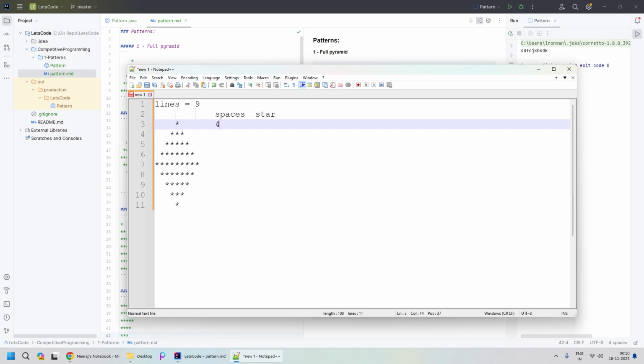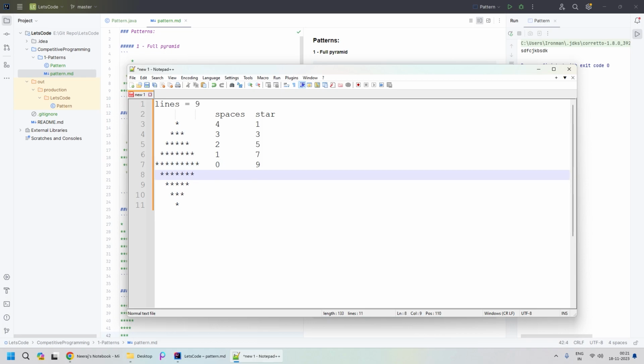Let's note it down, and one star, right? The next one we have three spaces, and then we have three stars. Then in the next line we have two spaces, and how many stars do we have? Five. And in the next one we have one space and I guess seven stars. And after that we have zero spaces, then nine stars.